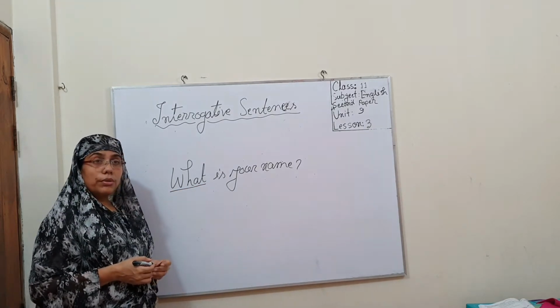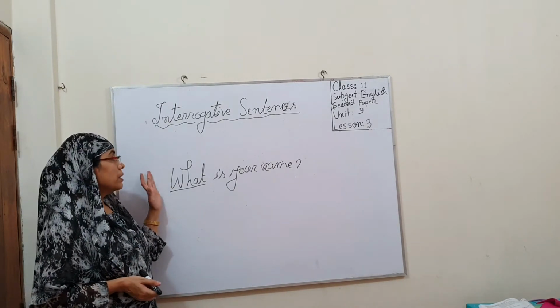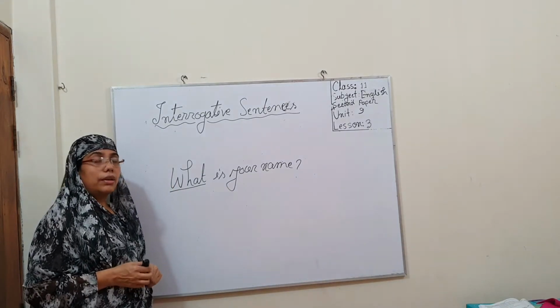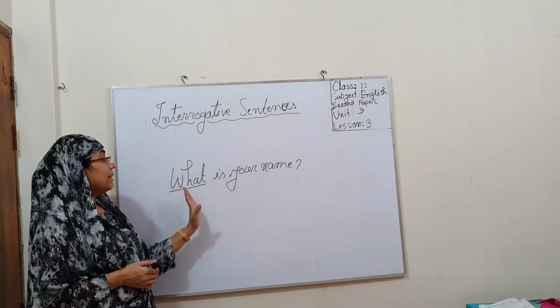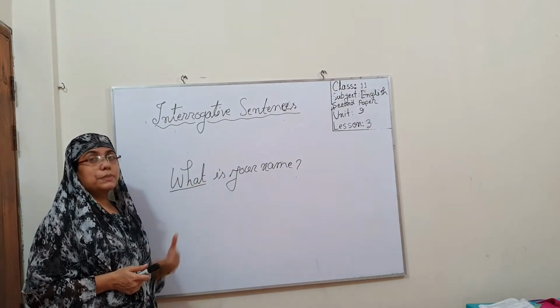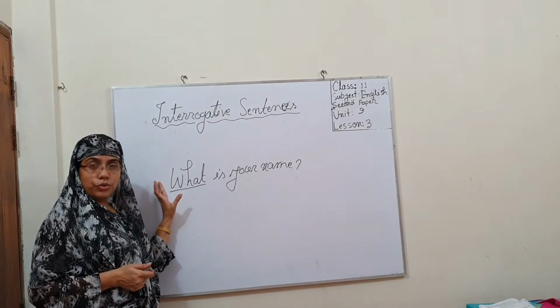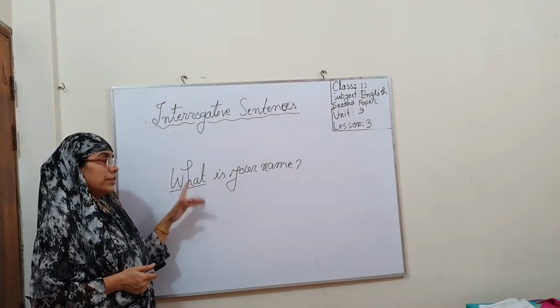Can you remember which type of words we use to write an assertive sentence? Of course, subject, verb, extension. But in this type, the sentence pattern is somewhat different. We generally use a WH word or auxiliary verb to begin our interrogative sentence.